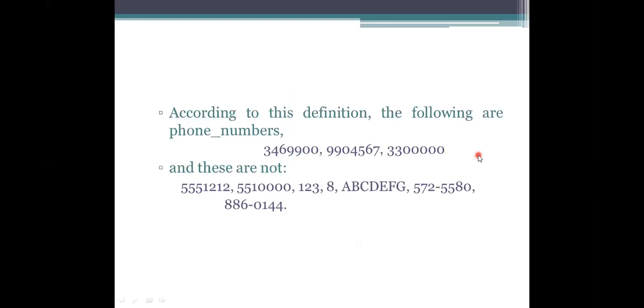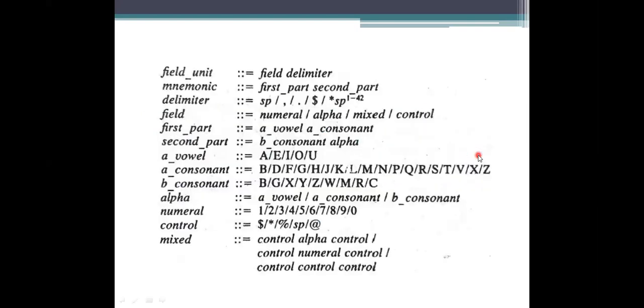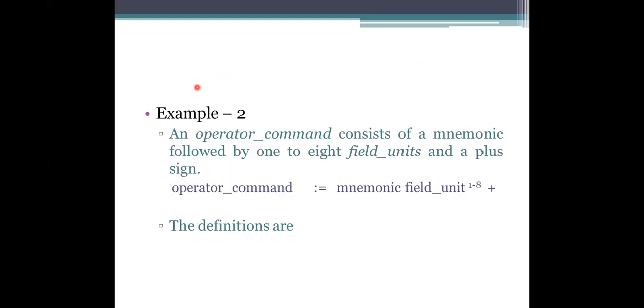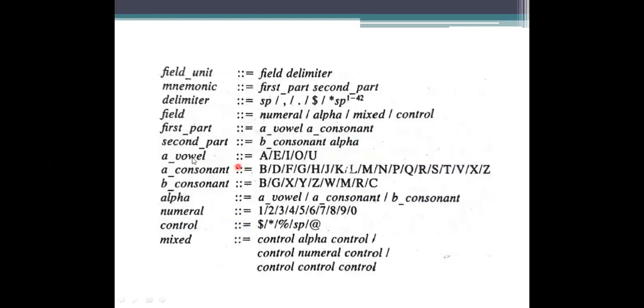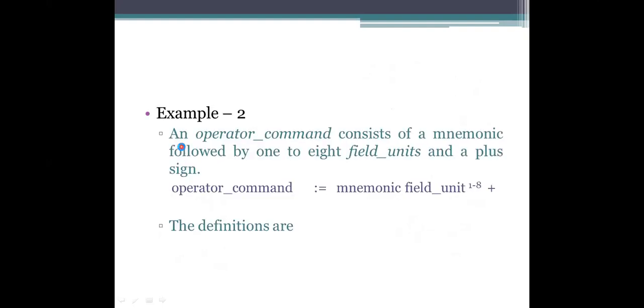And if you see the remaining example, this is the top-down approach. Here the example is an operator command which is using a mnemonic. One mnemonic, the field unit, which is considered as 1 to 8. How many will be there? 8 field units will be there, and it has to end with a plus symbol. So first, operator, mnemonic, field unit.